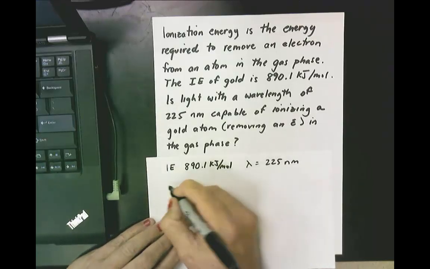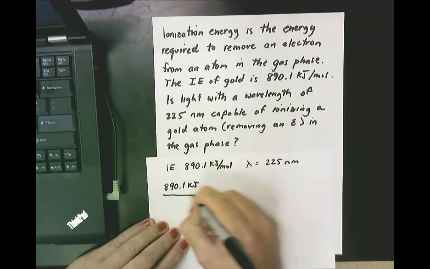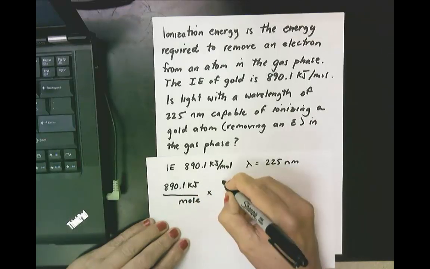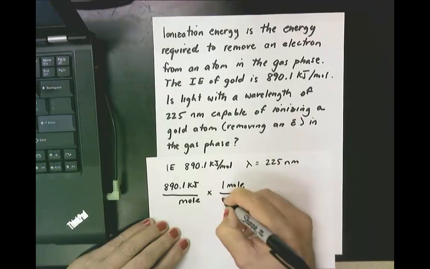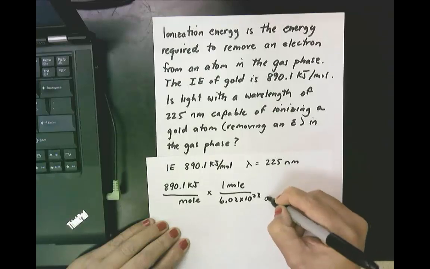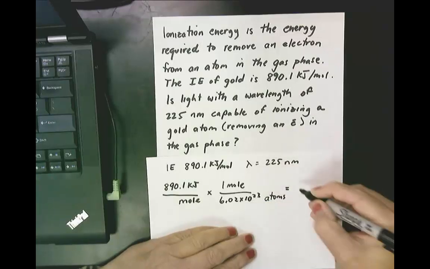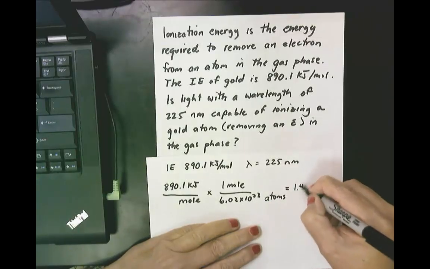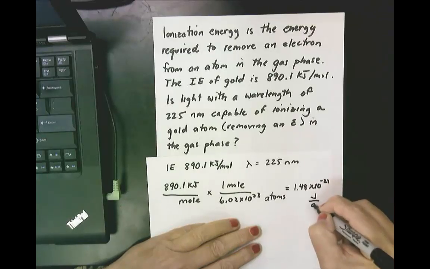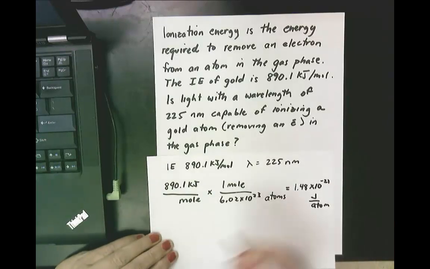So kilojoules per 1 mole, and then we know that in 1 mole, there's 6.02 times 10 to the 23rd atoms. So dividing that out, I end up with 1.48 times 10 to the negative 21st joules per atom. Okay, so now I'm per atom instead of per mole.